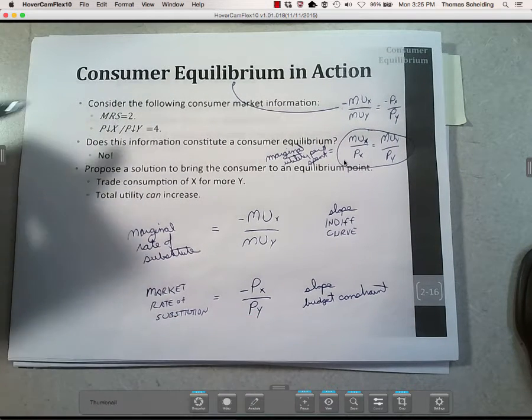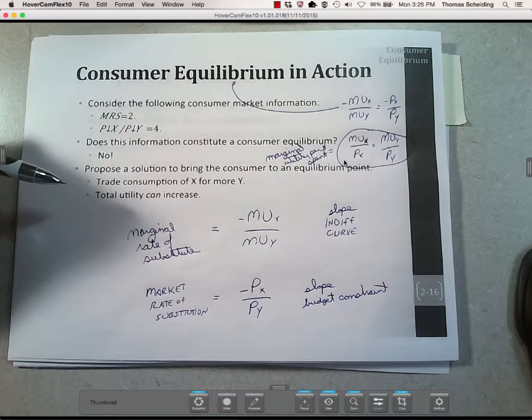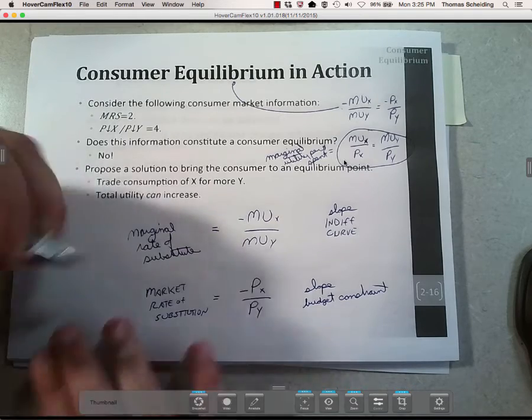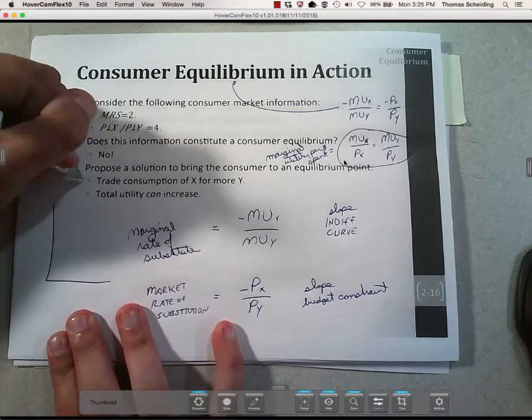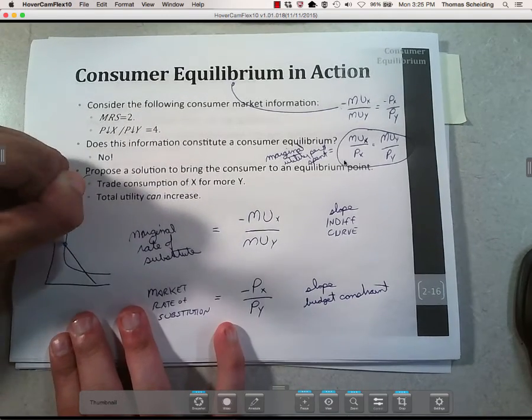Now, what do we see here as we go through this further? What we see is that if they're not at equilibrium, it would be possible for them to increase their total utility. What that's essentially saying, these lines right here, is: what if I was at A?